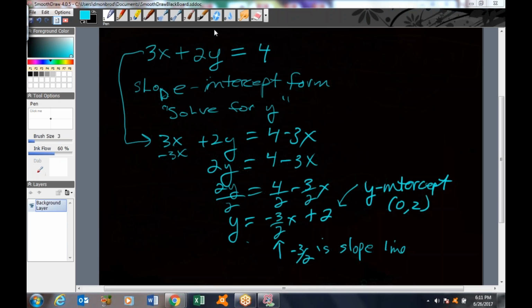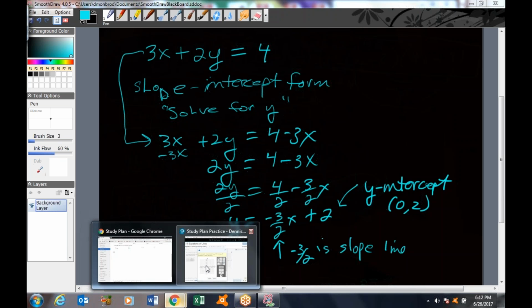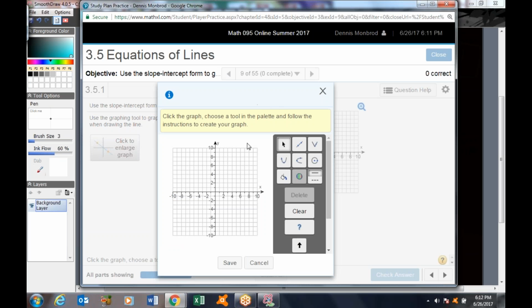Now, what we're going to do is use this information to help put a graph together. So I'm going to go over here. Now I'm in MML. I just pulled an exercise out of the practice in the study plan. And here it is.